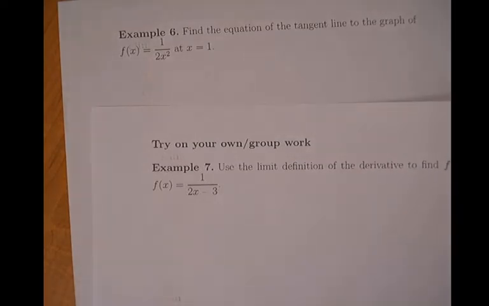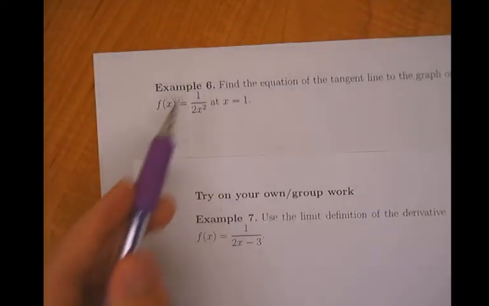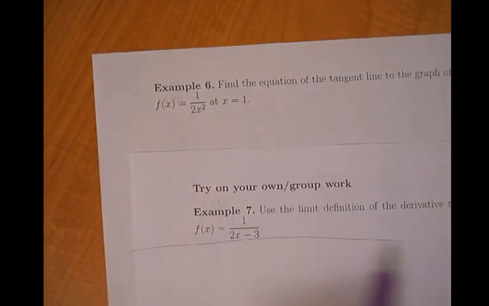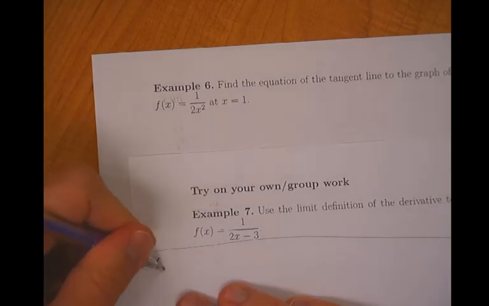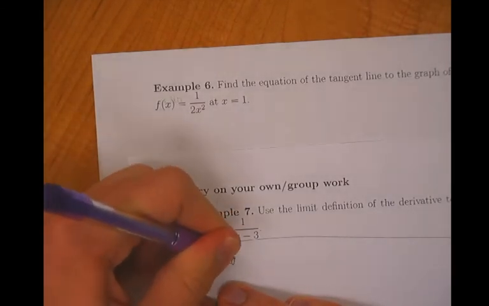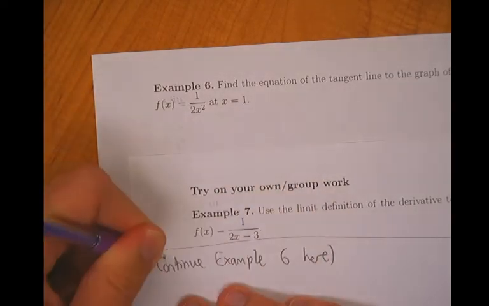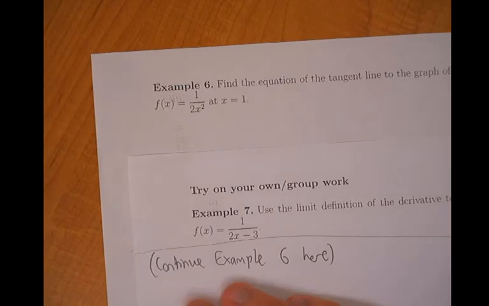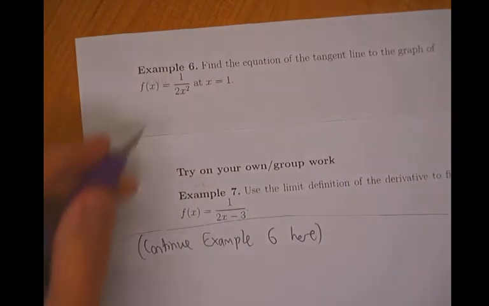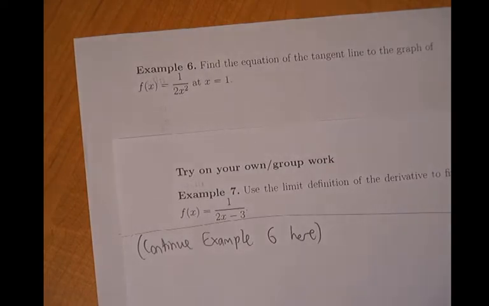If you run out of space here, you can just say continue example 6 here, if you want to do that. It's up to you, but I'm just doing this because example 6 is going to be quite long. So I'm just going to make you guys aware of that now.